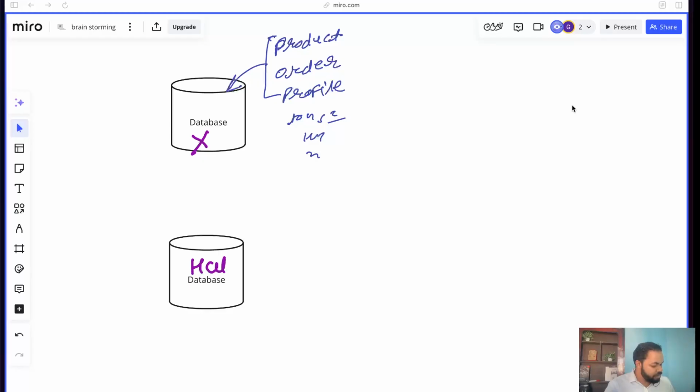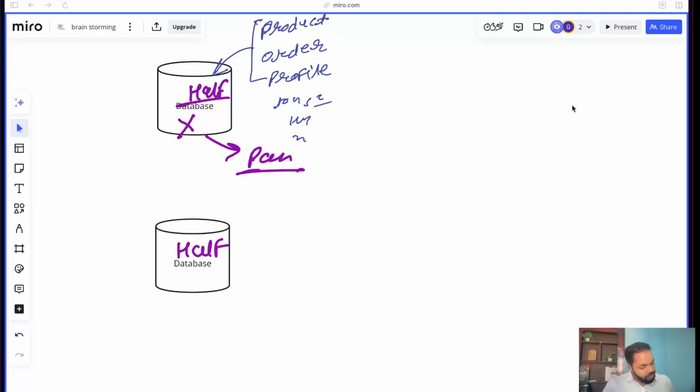Half the data is here, half the data is here, and both of them are called partitions. In a nutshell, data partitioning is a technique used in distributed system design to divide a big chunk of data into smaller, manageable, and processable data sets, and those data sets are called partitions.